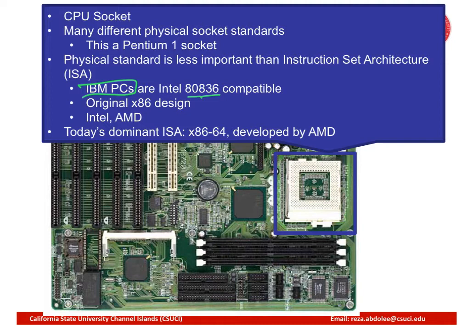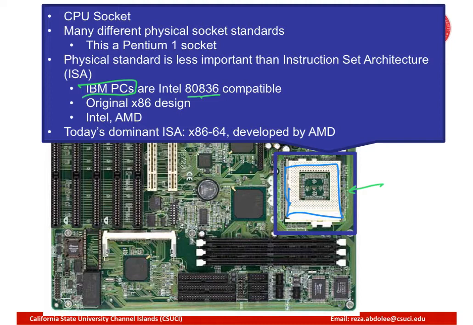Okay, so the first and the main component of this motherboard is the CPU. Here, we don't see the CPU, we only see the socket of this CPU, which is a Pentium CPU. So basically the chipset of the CPU is going to sit on this part, which has many pins in it.